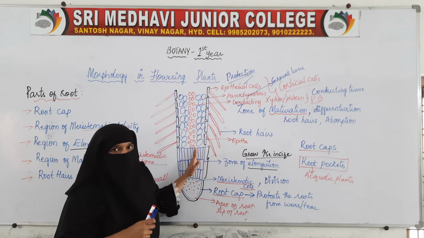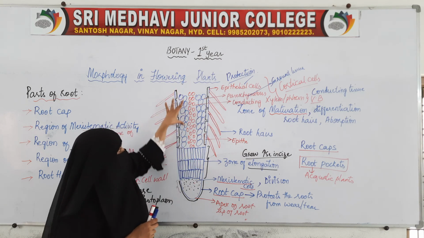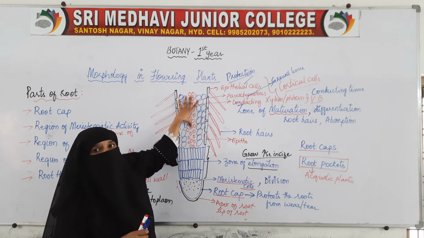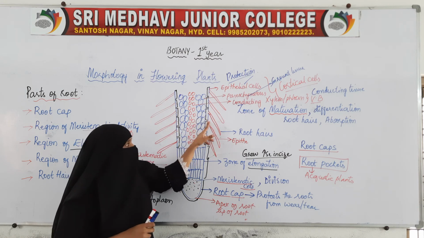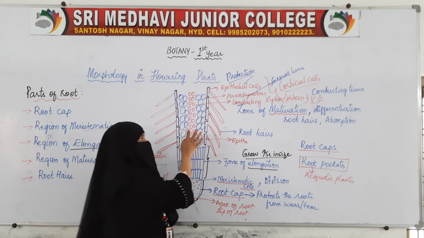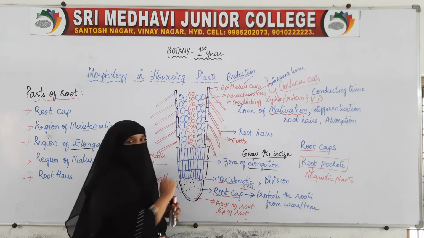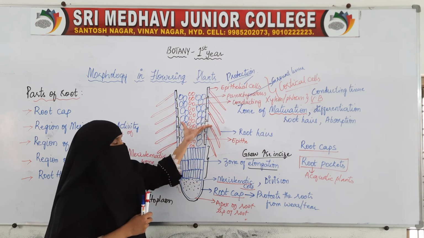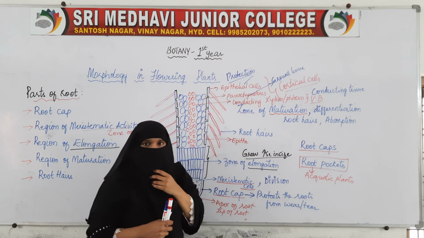Few cells will form the epithelial tissue, few the ground tissue, few the conducting tissue. In the middle we have conducting tissue, at the sides epithelial tissue, and in between we have ground tissue. These cells will be differentiated and perform the functions accordingly.